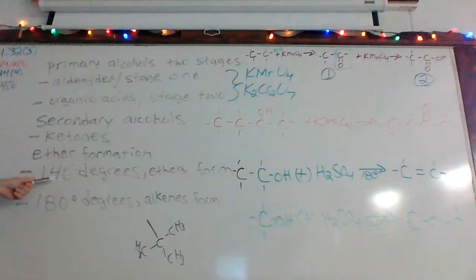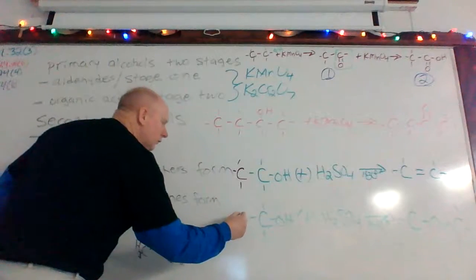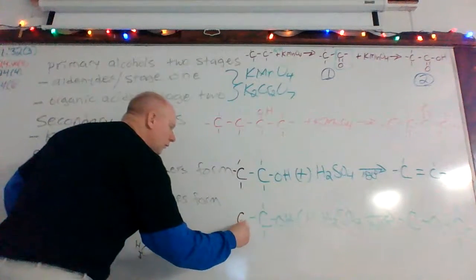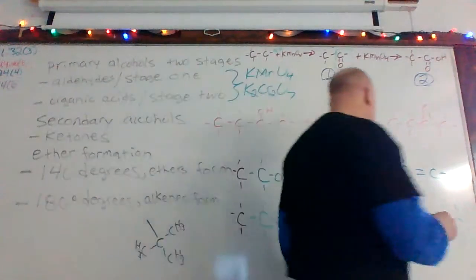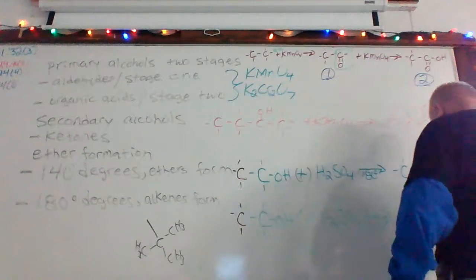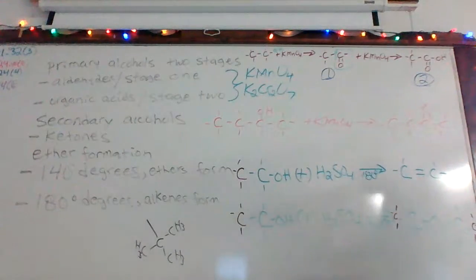So what we see happening is at 180 degrees, we'll just do it with 2 carbons in length each time. And there's another one where I really do not have an answer, but notice ether formation of primary alcohols.